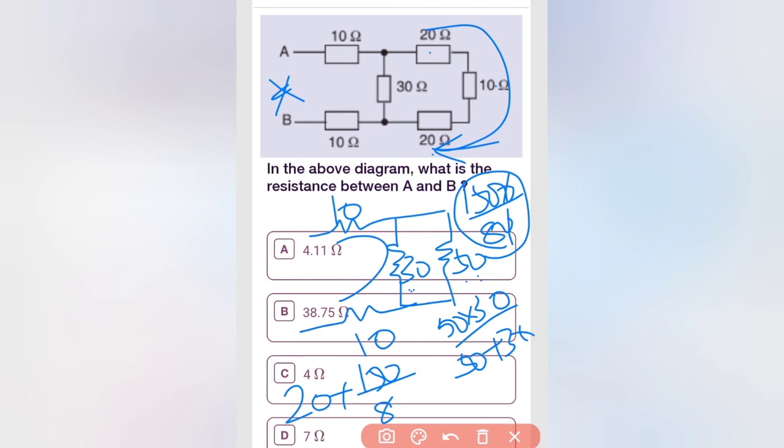So here 150 divided by 8 is going to be, 8 1s are 8, 8 9s are 72, so we take 18.